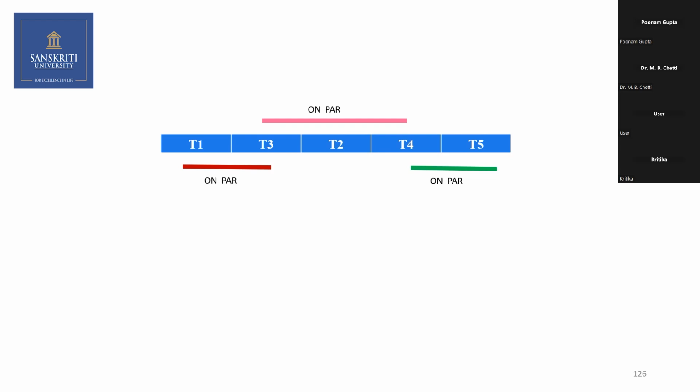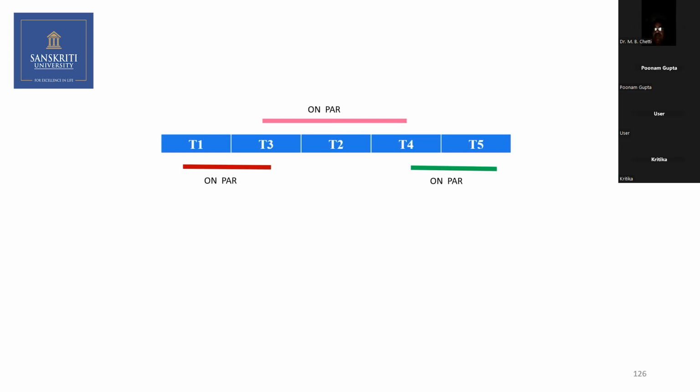T1 is equal to T3. T3 is equal to T2, but T1 is not equal to T2. Please remember that. T3 is equal to T4, but T1 is not equal to T4. T3, T2 and T4 are on par with each other. There is not much difference. Whatever difference we are observing is just due to chance factor.